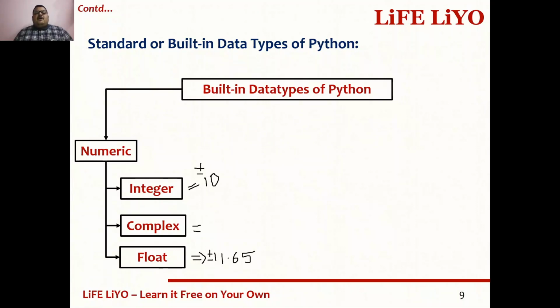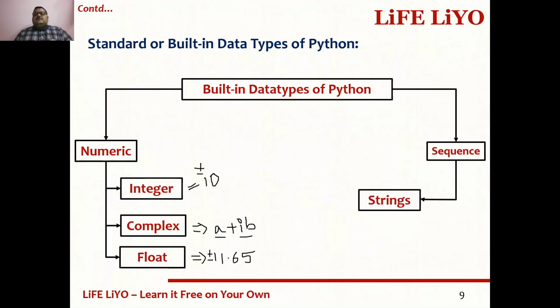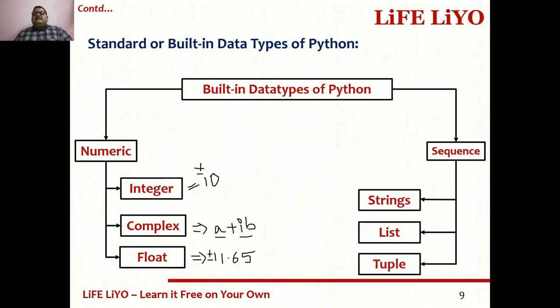Complex is nothing but representing anything in the form a plus ib, that is a real value with an imaginary part also. That is complex. And the second one is the sequence data type. Sequence data types include strings, lists, and tuples, which you are going to learn in the future.